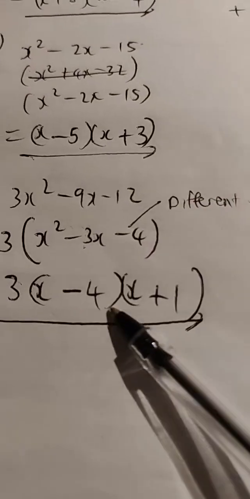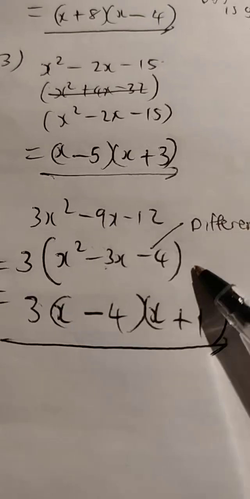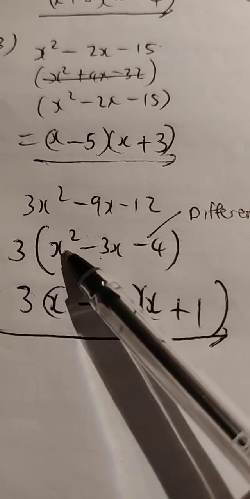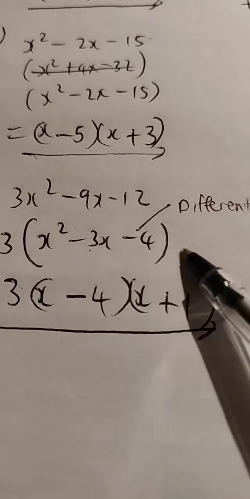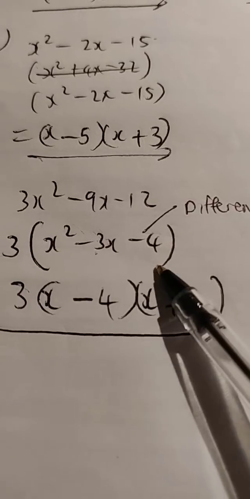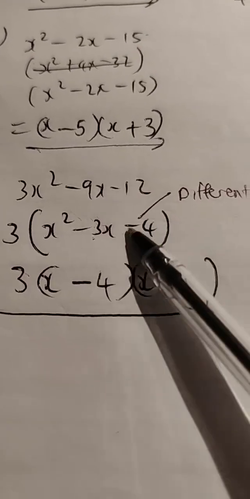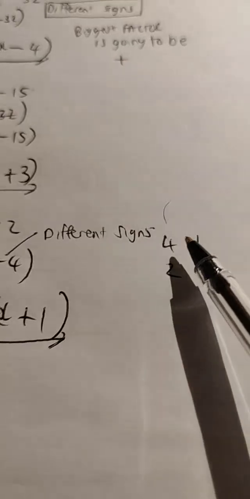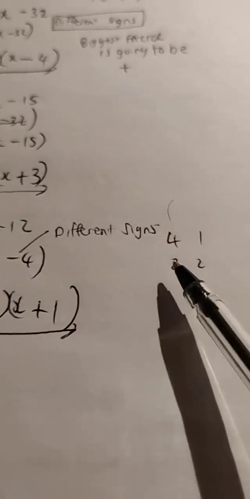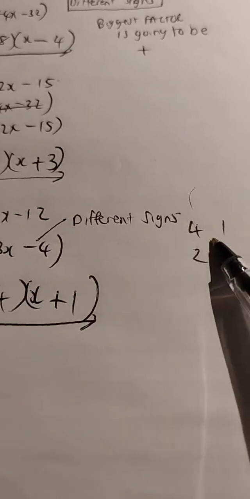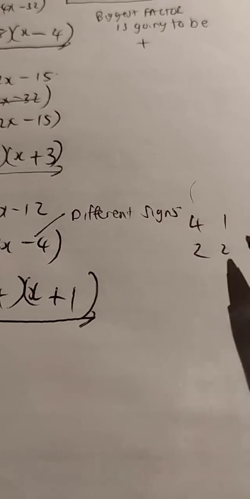Okay, 4 and 1. How did we get 4 and 1? Remember, we first factorized. We got 3 into x squared minus 4x minus 12. This was the expression that is factorized. You ask yourself, what are the factors of 4? There's 4 and 1, and there's 2 and 2. When you multiply 4 and 1, you get 4. When you multiply 2 and 2, you get 4.